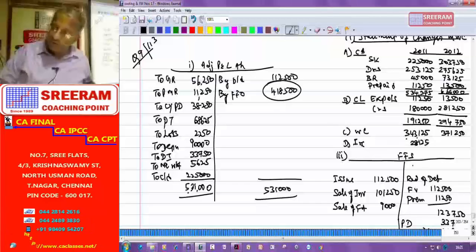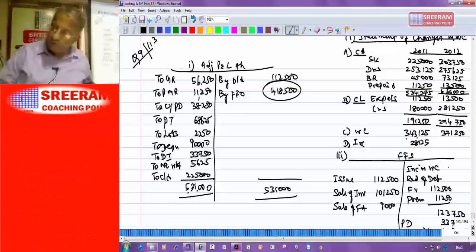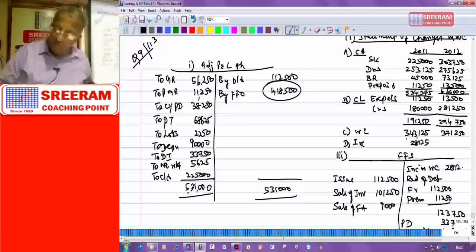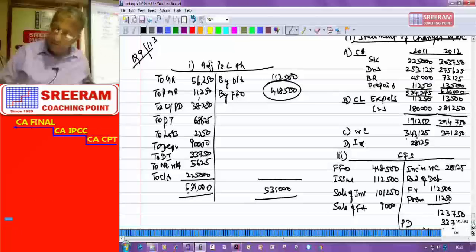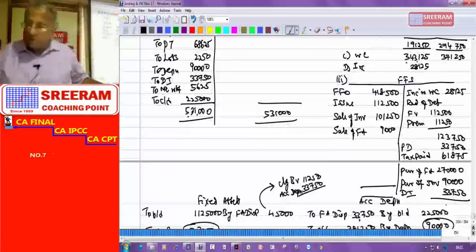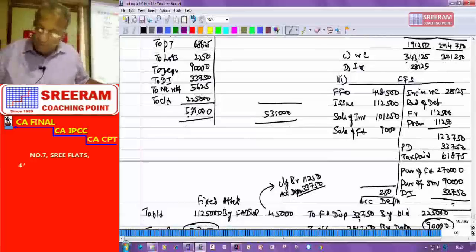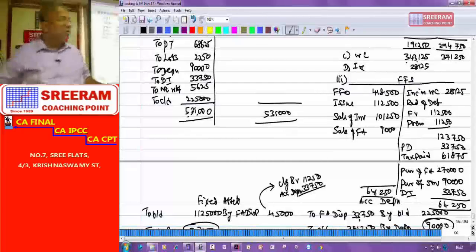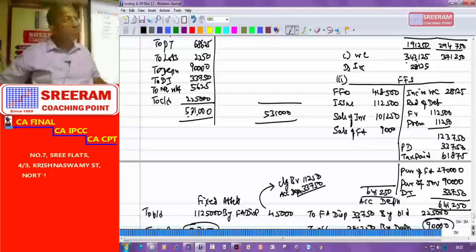So increase in working capital 28,125. Funds from operation 4,18,500. 641,250. So why is it not agreeing?